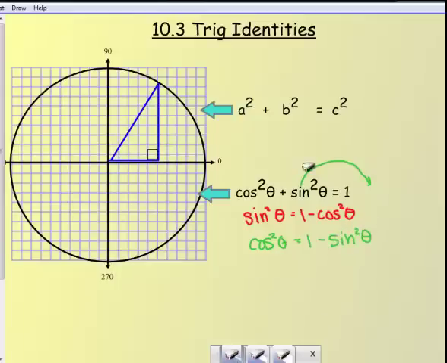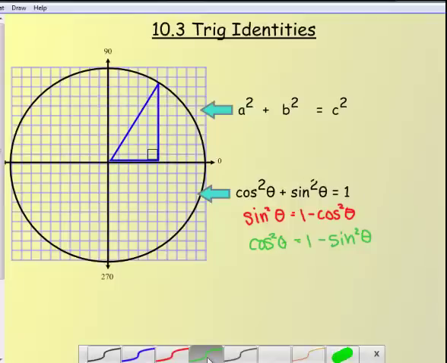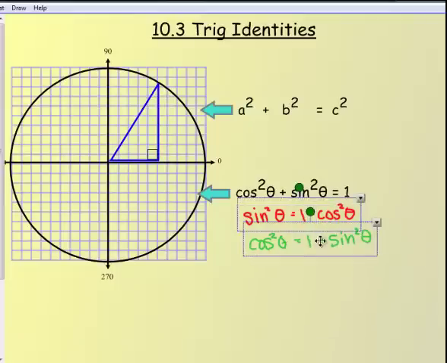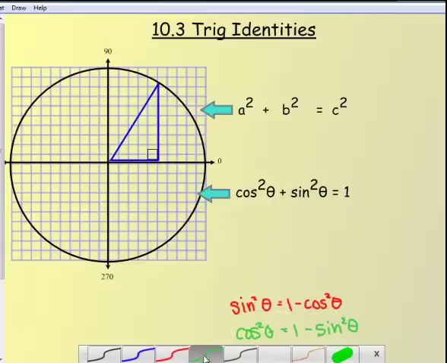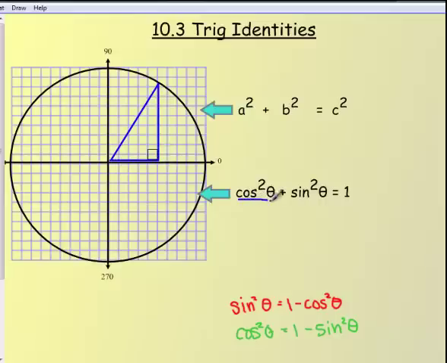And then those silly Greeks, they even applied more algebra to this. So let's take these two and move them down here. And then the Greeks did this. Let's take everybody and divide them by cosine squared. And you're thinking, okay, why would we divide by cosine squared?